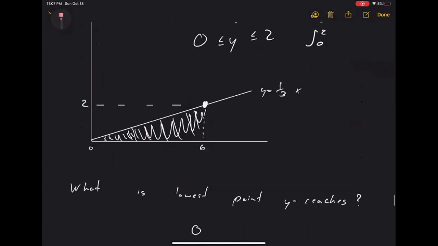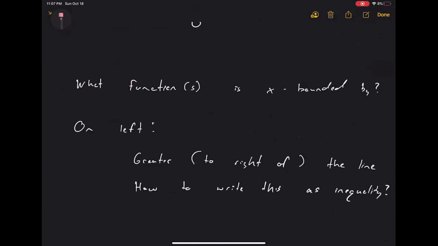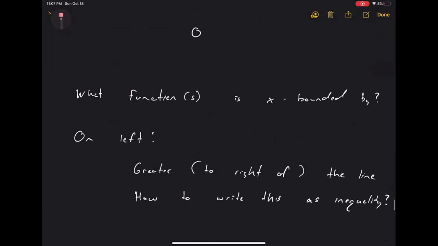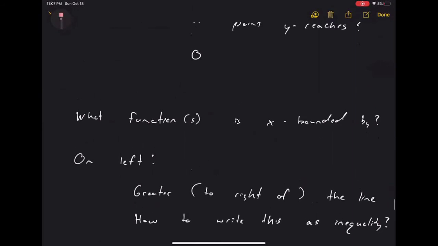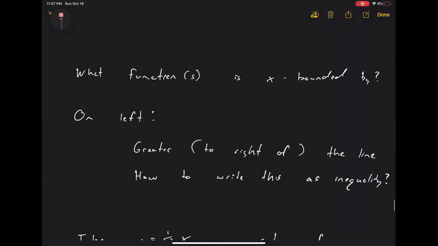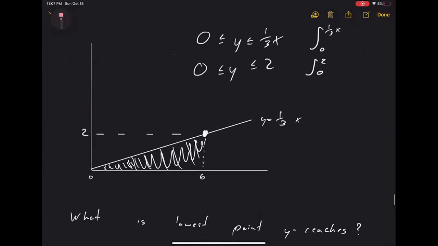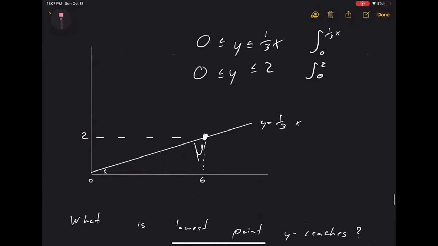So what function or functions are the x coordinates bounded by? Let's look at the left side first. Think about a random point in here, x, y. Let's call it x naught, y naught.